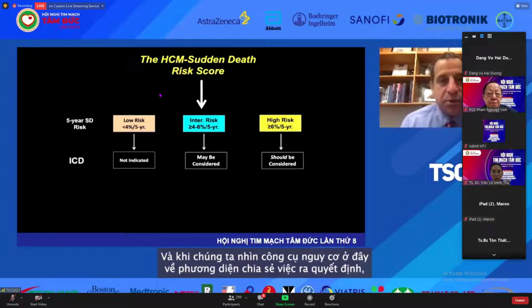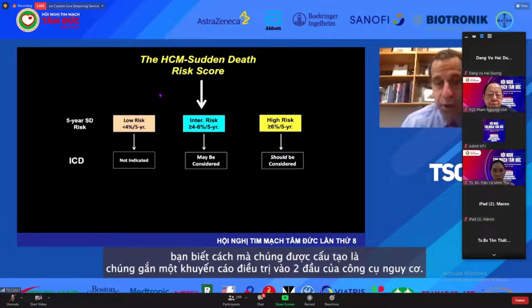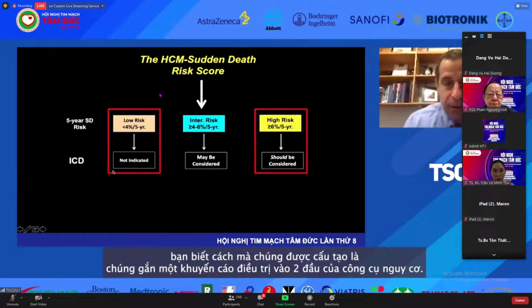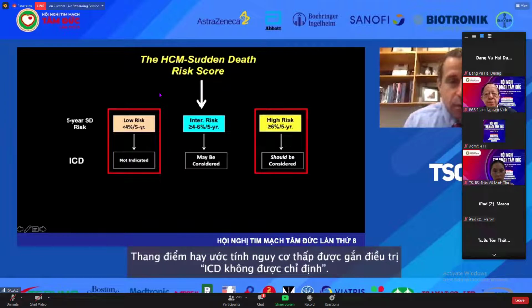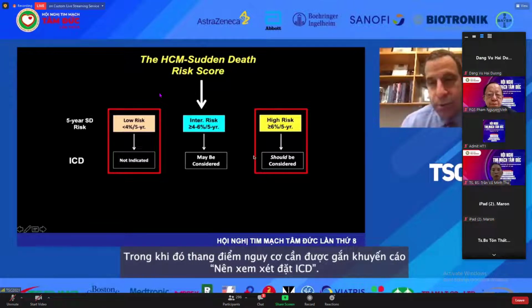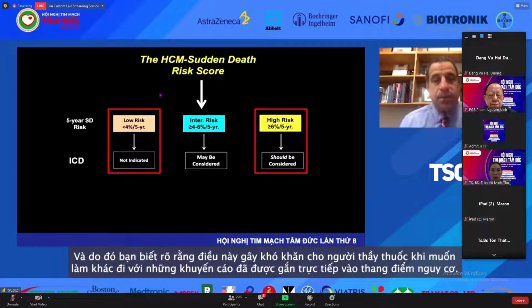When we look at the risk tools in terms of shared decision-making, the way they are structured is that they assign a treatment recommendation. For example, on both ends of the risk tool, low risk scores or risk estimates are assigned a treatment, ICD not indicated, while higher risk scores are assigned a recommendation that ICD should be considered. That, by its very nature, makes it very difficult for physicians to deviate in any way from those recommendations assigned directly to the risk estimate.